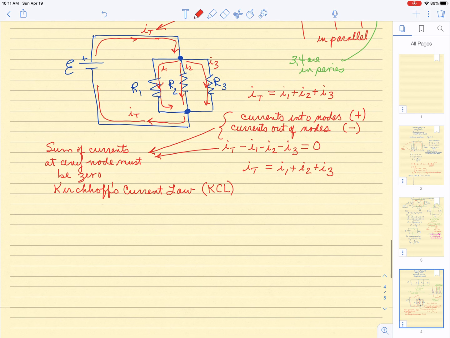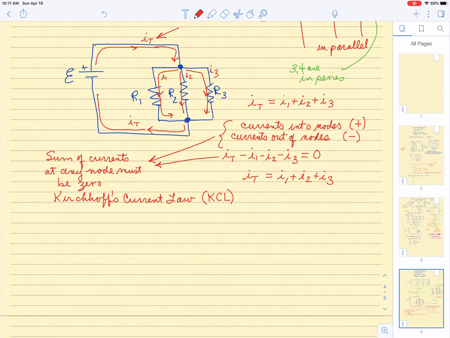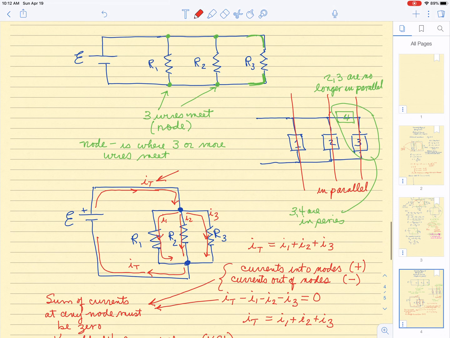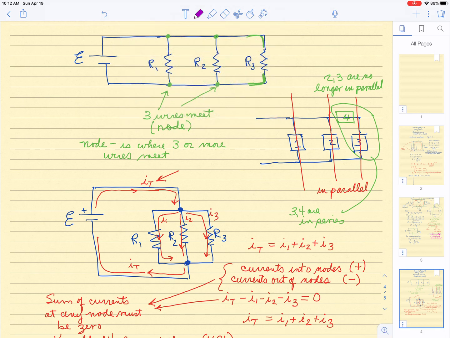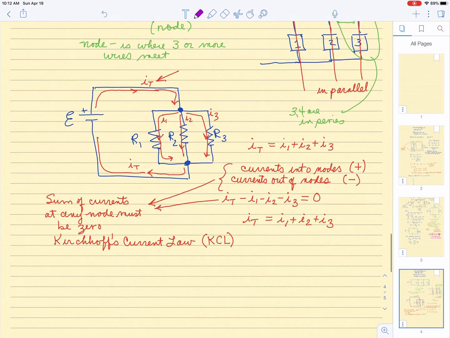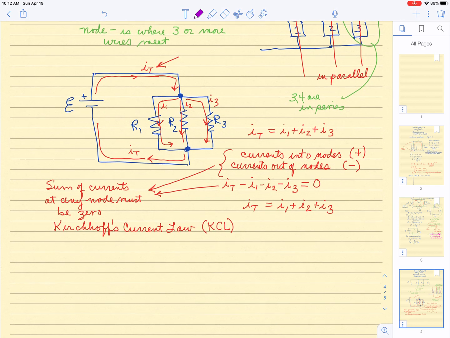So let's use Kirchhoff's current law here to analyze this circuit. And so we need one more piece of information, and that's easily seen from either one of these diagrams. If we look at the voltage across the resistors, and again, remember here, wires are ideal. That is, there's no resistance.